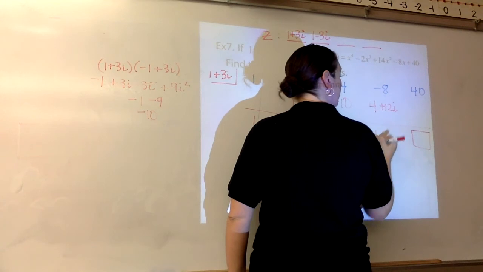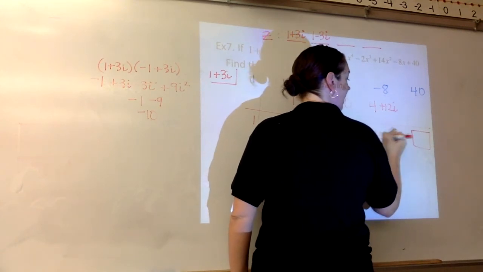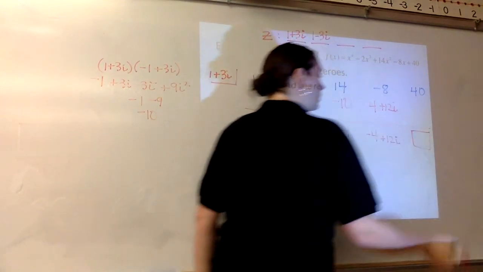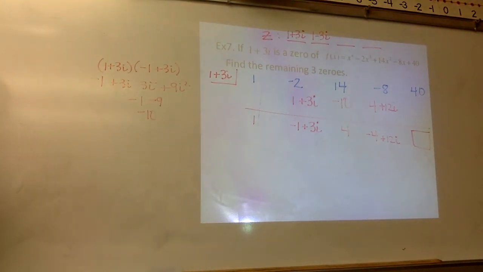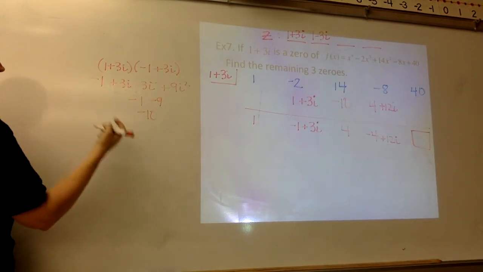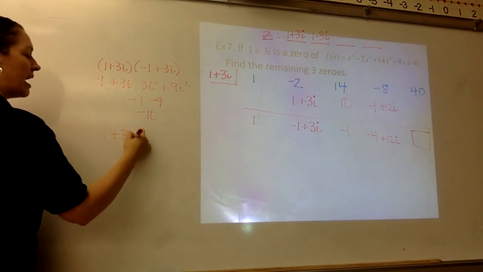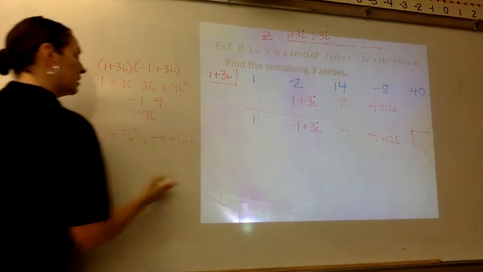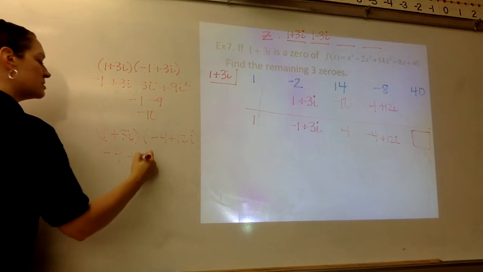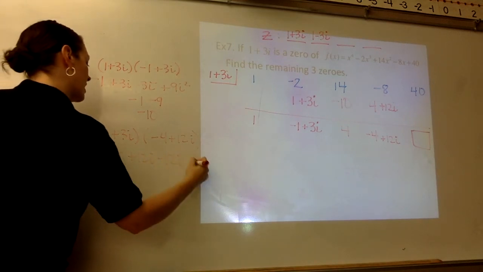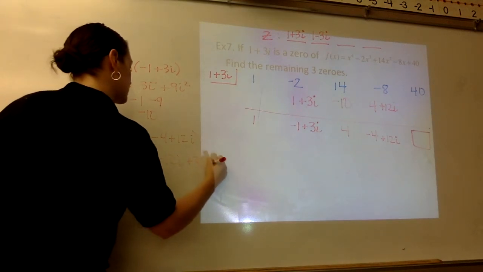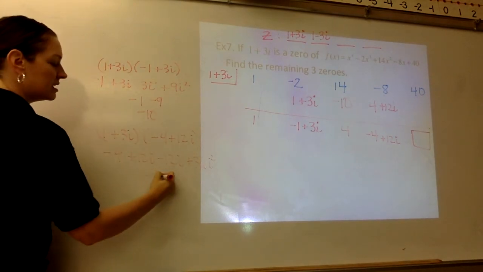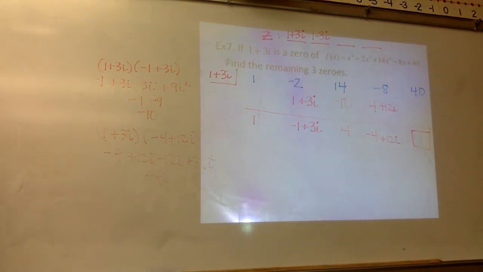Negative 4 plus 12i. All right, now don't cheat here. Don't just write minus 40. Make sure this works out, or all the rest of this isn't going to work out down below. So if I do a quick multiplication here, 1 plus 3i times negative 4 plus 12i, I get negative 4 plus 12i minus 12i plus 36i squared, which happens to give me negative 40.